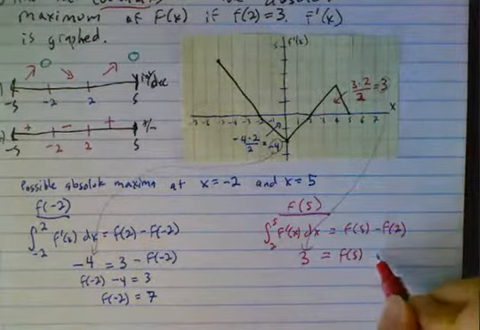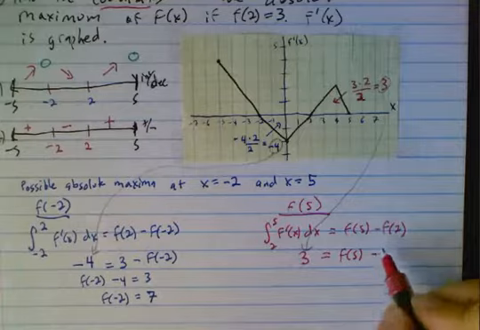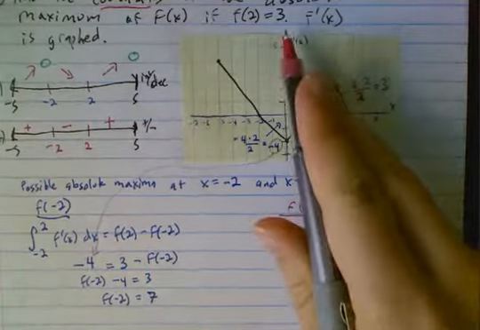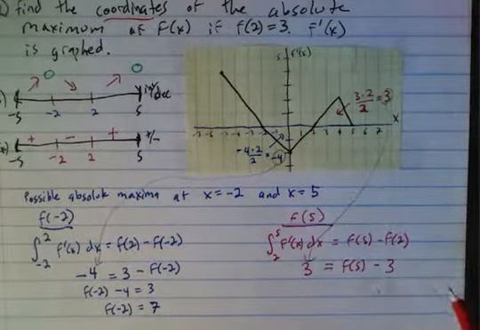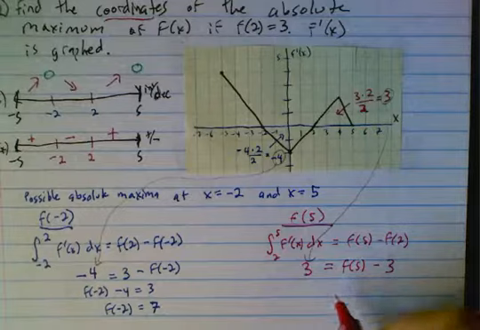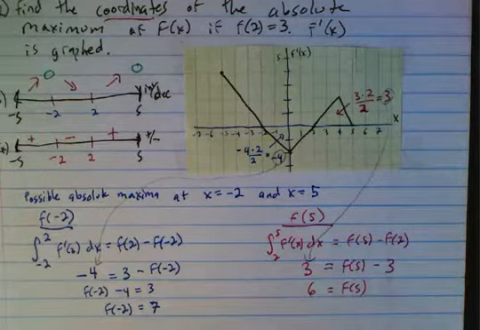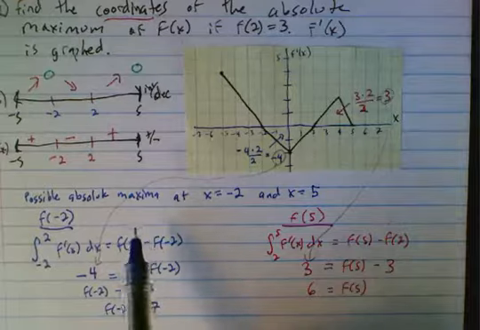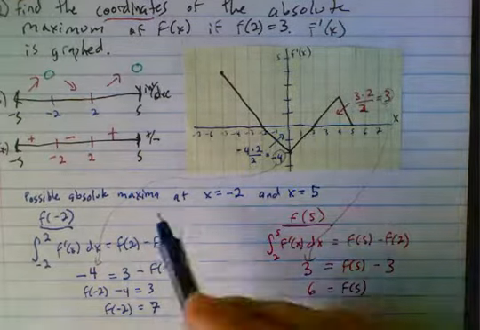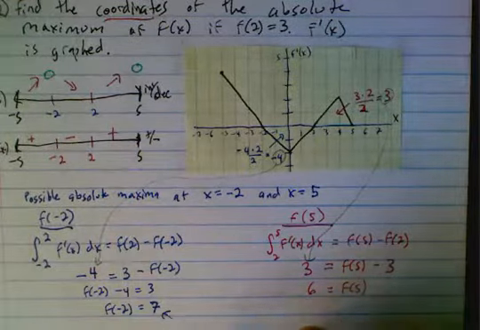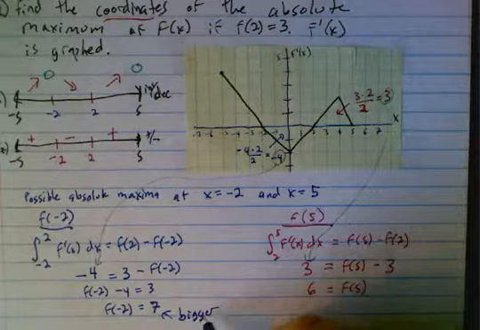F of 5 we want to know. F of 2 is 3. So add 3 to both sides. F of 5 equals 6. We're looking for possible absolute maximum. This is bigger.